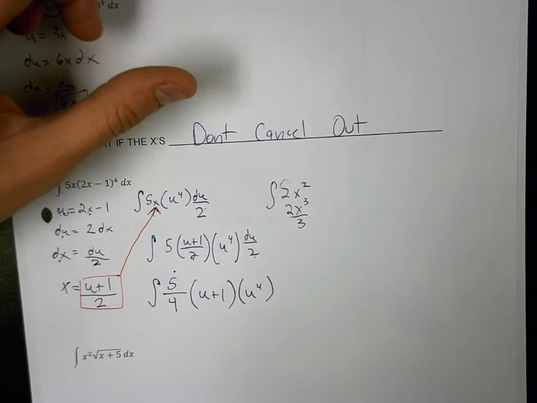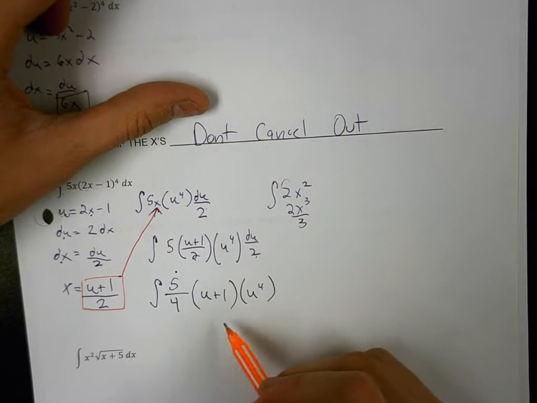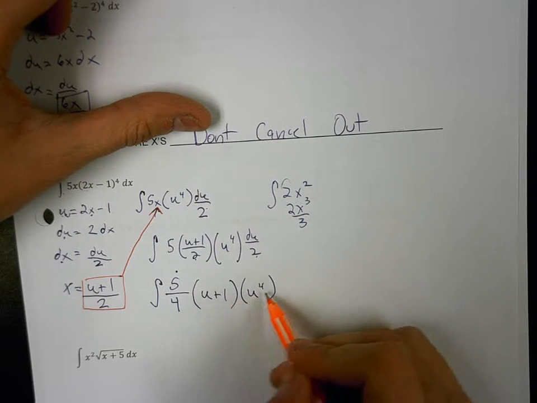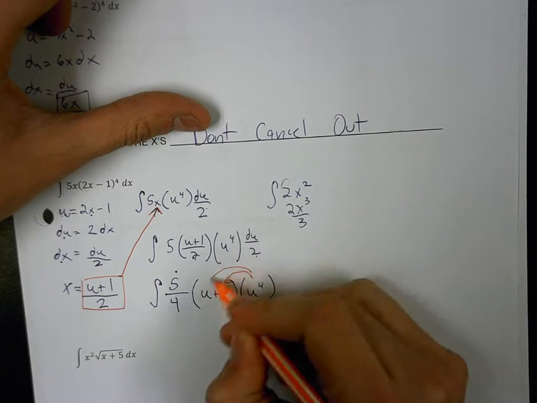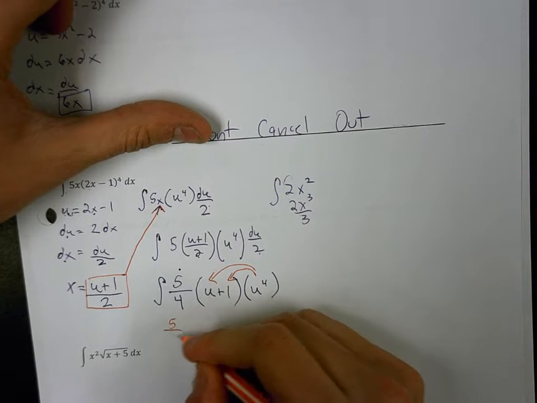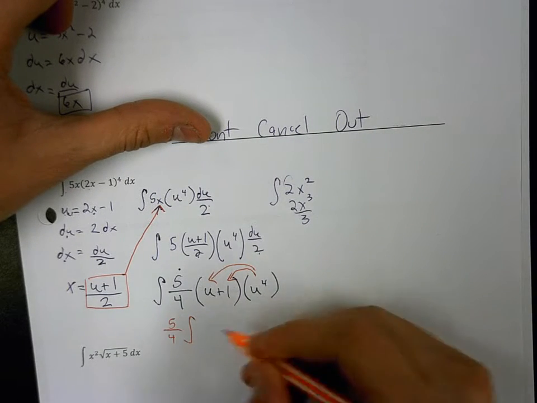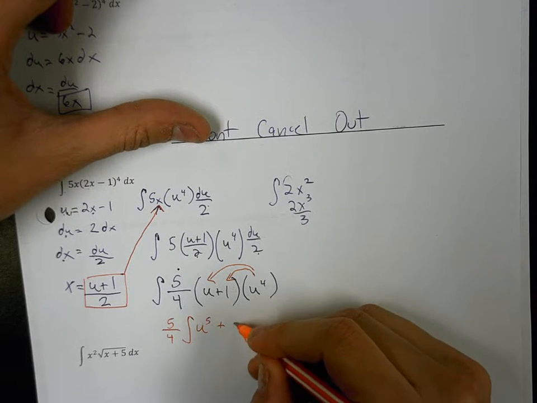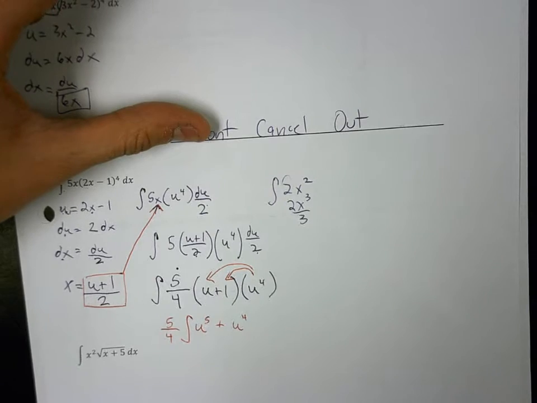Now here's where your complex integration comes in. Remember what we would do when we'd have a product? There's no product rule, but we can just distribute. We have to get this down to individual terms. So we have 5/4 times u to the 4th is u to the 5th plus u to the 4th. Okay, now we're talking.